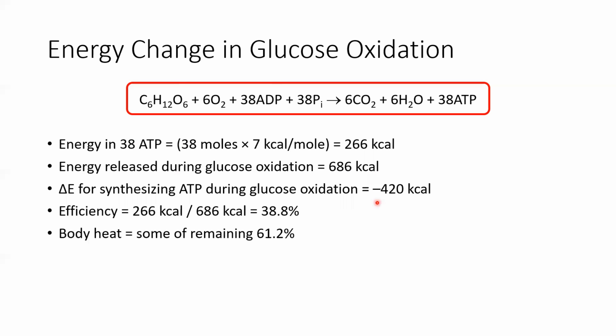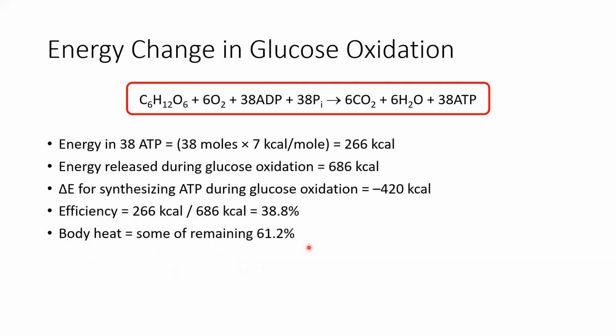All right. And so what this tells us is that glucose oxidation is only 38% efficient. We only yield 266 kilocalories out of 686 kilocalories that we should optimally yield. And so only 38.8% of that is yielded. And so as a result, we lose 61.2% of that energy as body heat, okay?